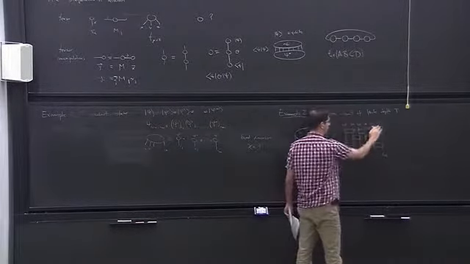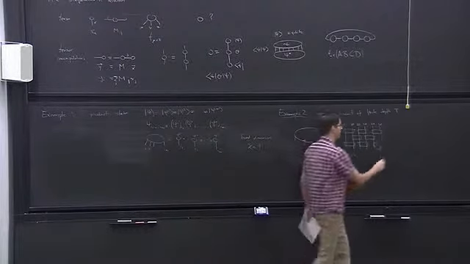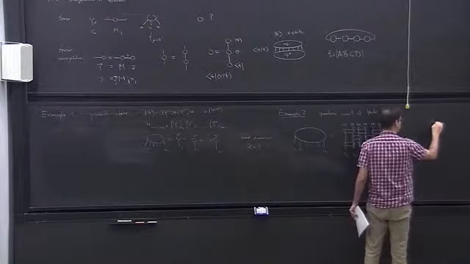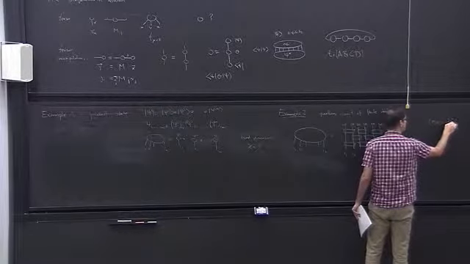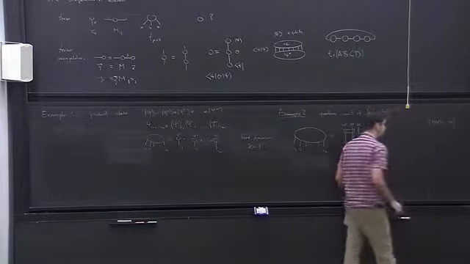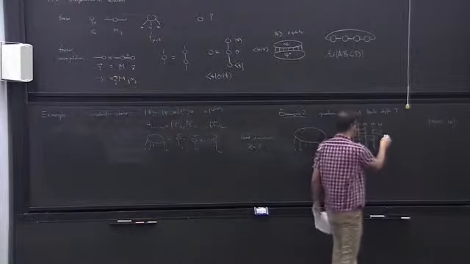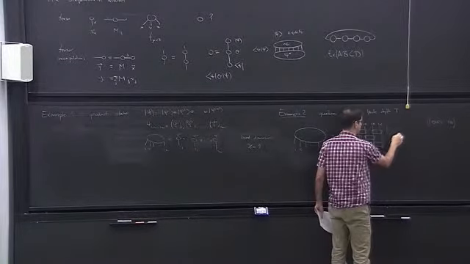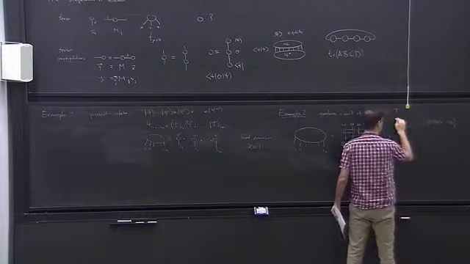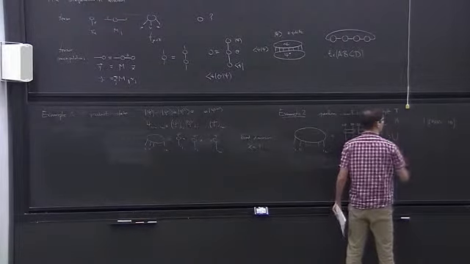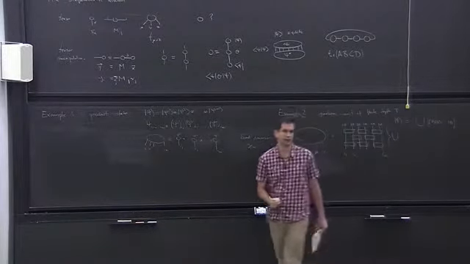We start with the product state |0,0,0⟩, and we apply this quantum circuit U to it. And that is what our state ends up being.